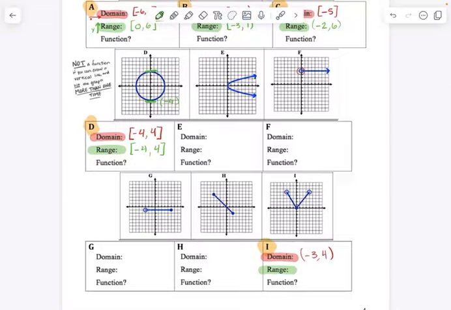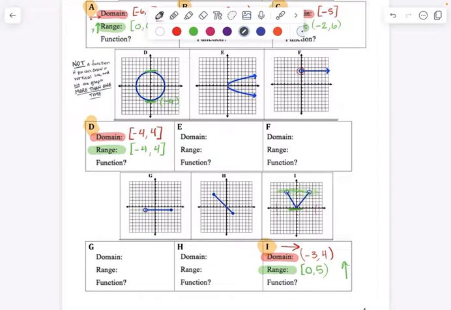And then the last example, letter I, lowest point right here at 0. We've got a closed dot, so a bracket. And then our highest point right there, 1, 2, 3, 4, 5. Open dots there, so not including. So, range, we're looking up and down. Domain, we're looking left to right, because we're looking at your x values. Range, we're looking at the y-axis and your y values.